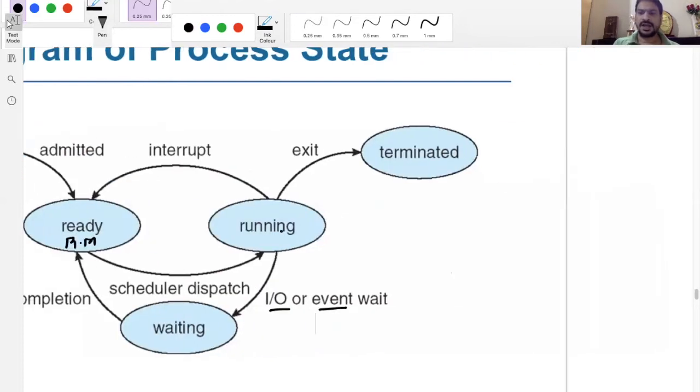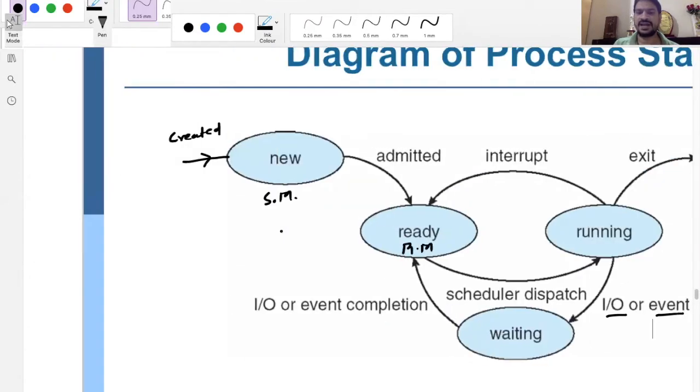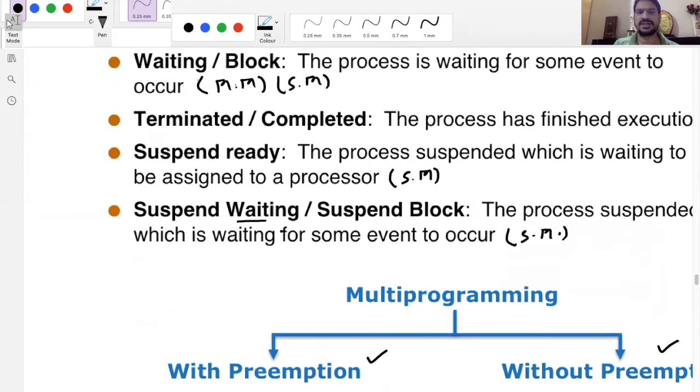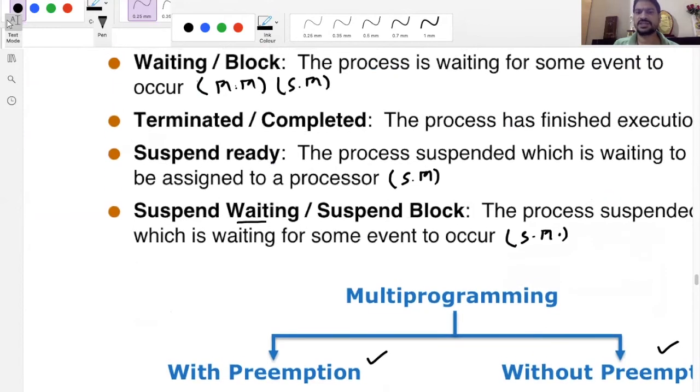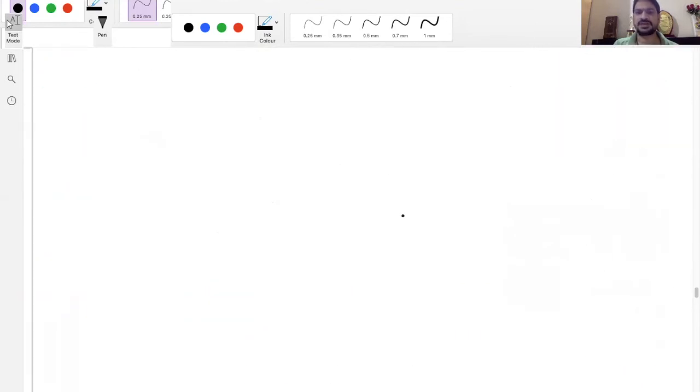Okay. Let's draw the complete diagram of the process states and try to understand it fully, because here we haven't added 2 more states, that is suspended ready and suspended waiting or suspended block. Okay, let's see how it actually works and what are the different components that will come here.